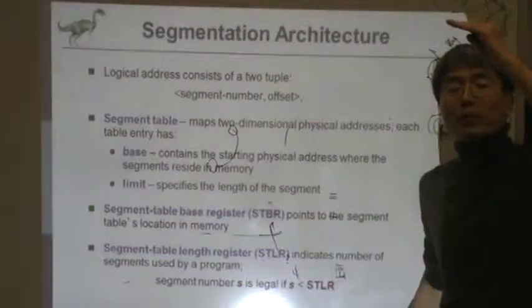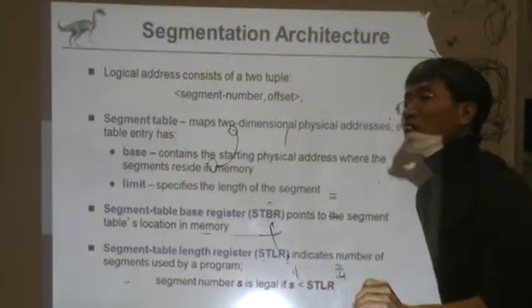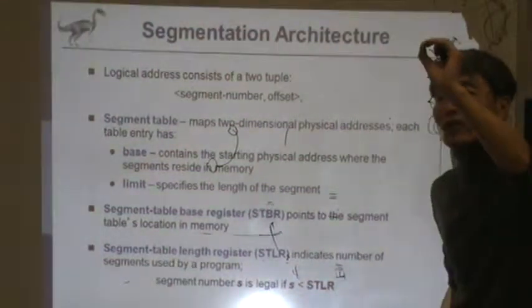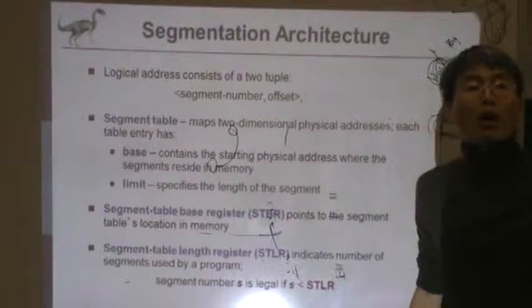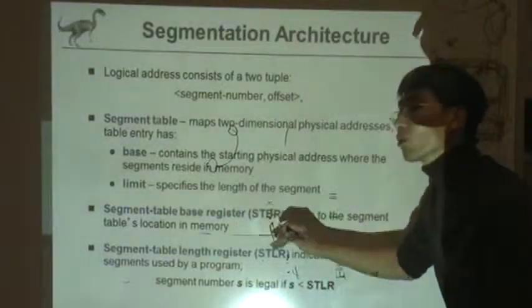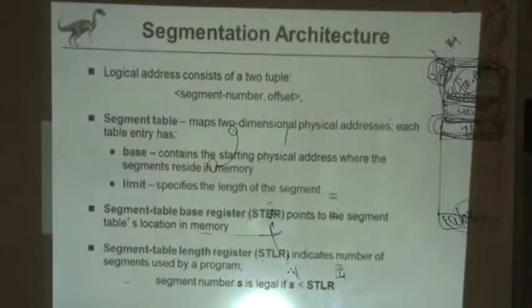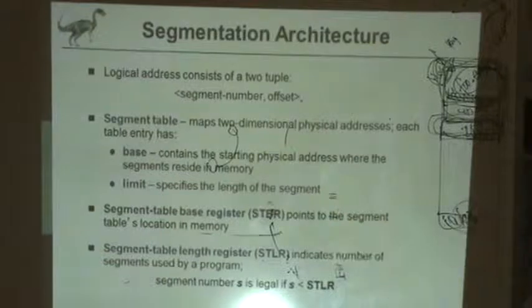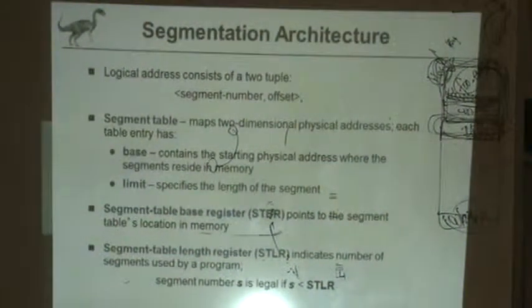When you learn the microprocessor, you probably learned different types of registers, the base register, the limit register and the relocation register. This is another one. Some CPU architectures use this one, sometimes not. It depends, I cannot remember which processor CPUs are using this one, but this is the idea.